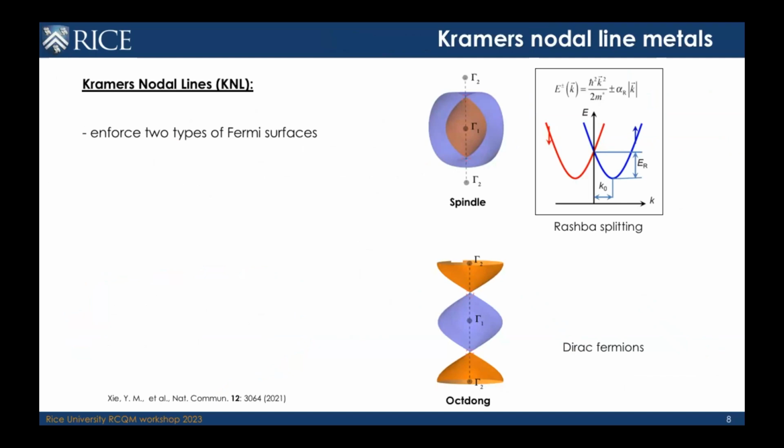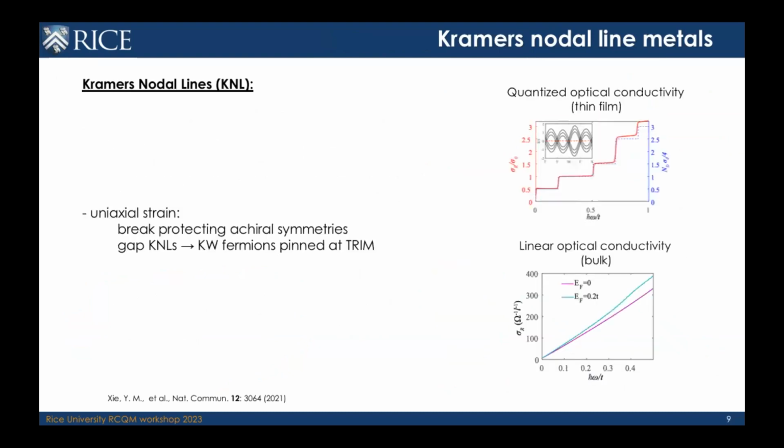Whereas in an Ogdong system, what you would see are Dirac-like fermions. So we're looking for those in real materials, and this would be a consequence of those particular nodal line, Kramers-Weyl fermions. In measurements in a thin film, you can expect quantized optical conductivity, kind of like what's observed in graphene, whereas in bulk, you can expect linear optical conductivity.